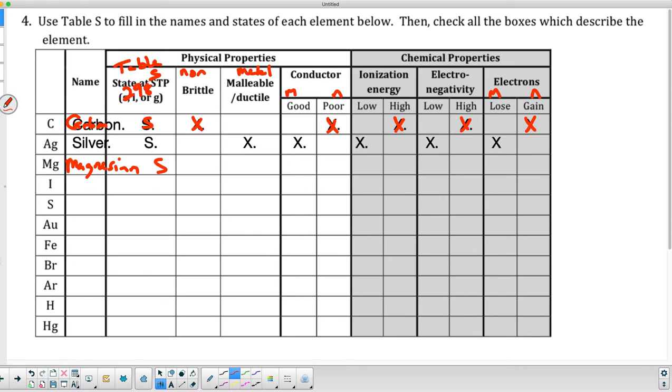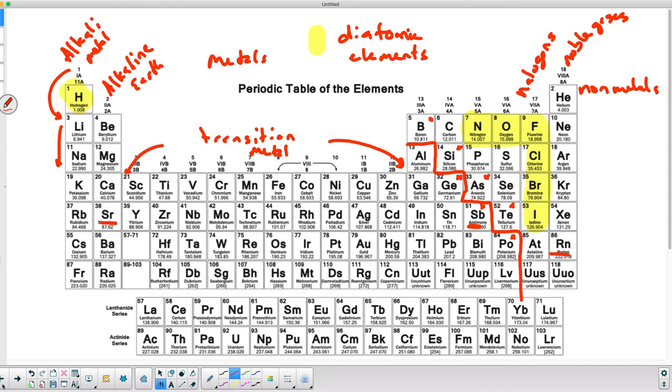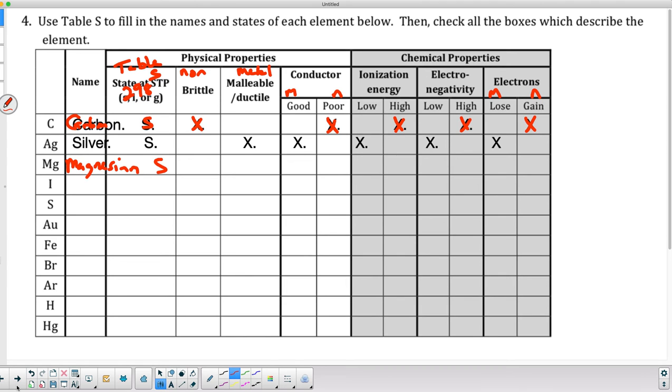Let's go back. Magnesium is right here, which means it's a metal. So when I go forward again, that means it's this one: it's ductile, it's a good conductor, it has a low ionization energy, it has low electronegativity, and it loses electrons. Okay, and that's how you do that.